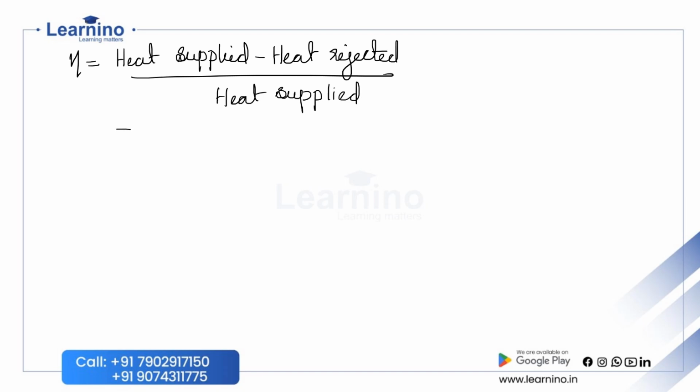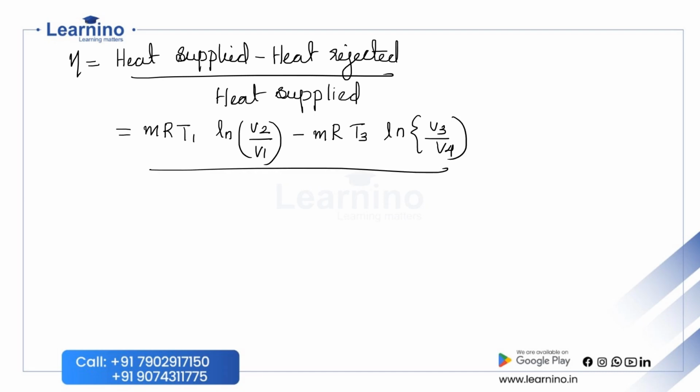Heat supplied is MRT1 into ln V2 divided by V1, and heat rejected is MRT3 ln V3 by V4, and the heat supplied is again MRT1 ln V2 divided by V1.